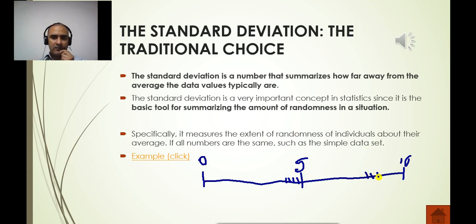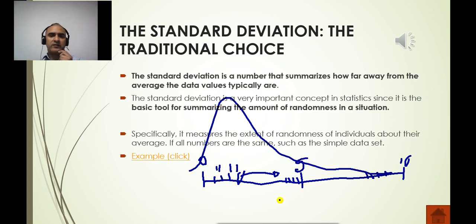Maybe I have some numbers in there. Here the variability is wide. You can see that not all the numbers are close to the average. So what happens in this case? The data might be skewed. If there are many numbers on this side, then of course it's going to be an issue.